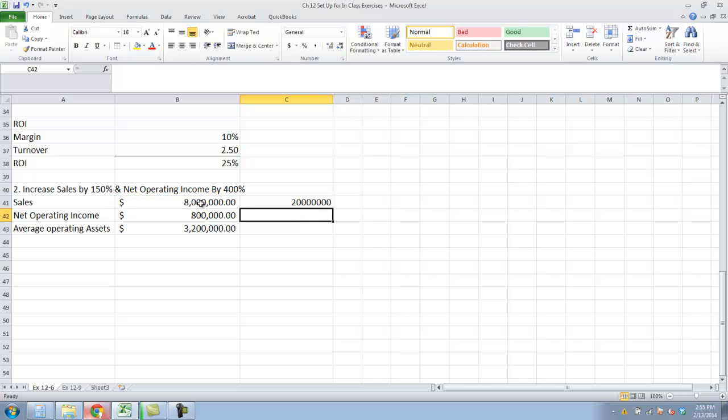That's what that formula is. Now, we're going to take net operating income and multiply this by 1 plus 4, because we're going to increase it by 400%. And average operating assets will remain the same.